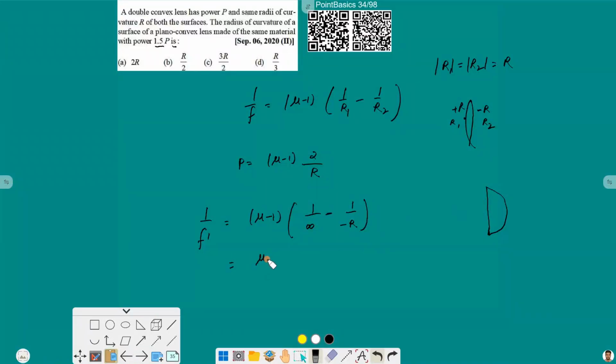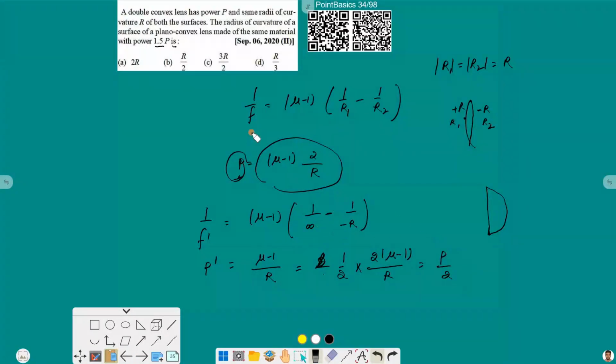This will be mu minus 1 by r, and this is p dash. So this can be written as half of twice mu minus 1 by r, and that is the original power. So this will be basically p by 2.